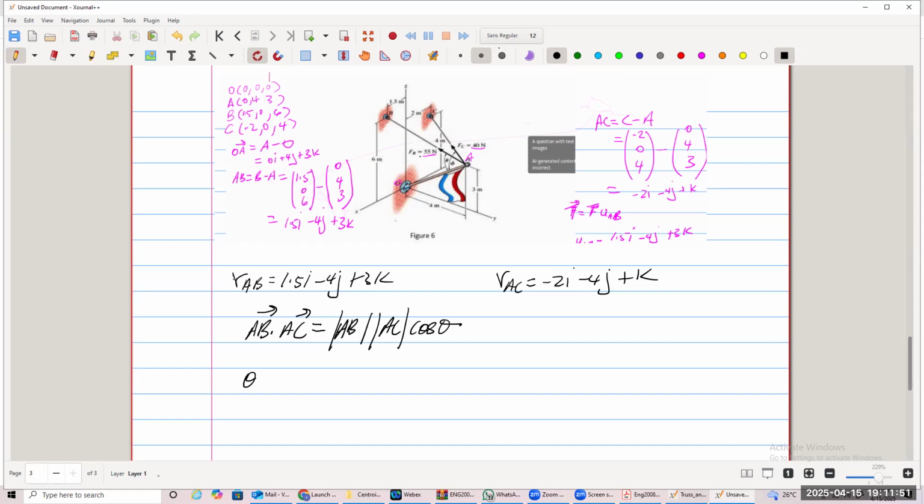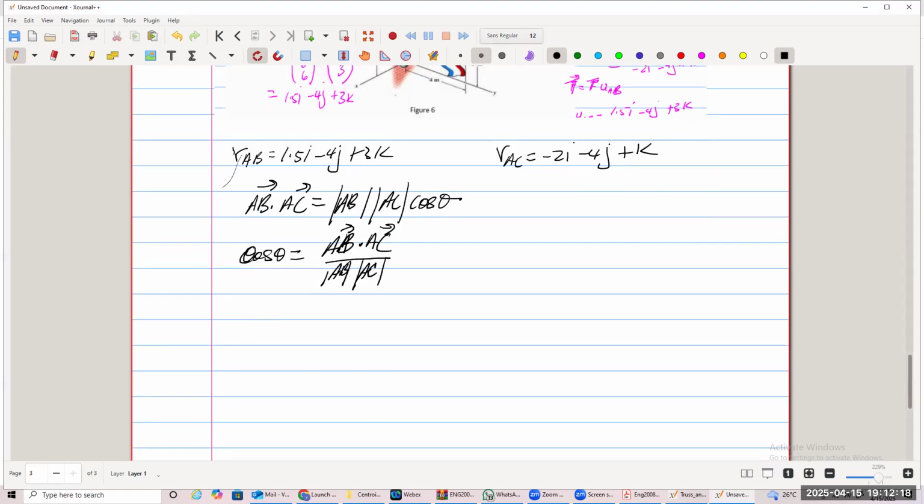So cos theta is equal to the dot product of the two vectors AB and AC, which gives one value, divided by the modulus of AB times the modulus of AC. Right, that is simple and straightforward. Let's demonstrate it again for clarity.